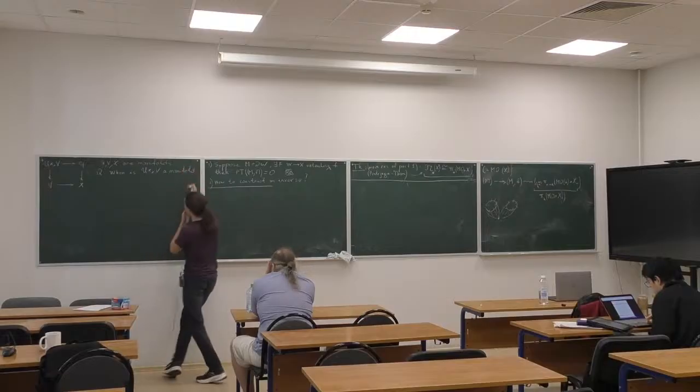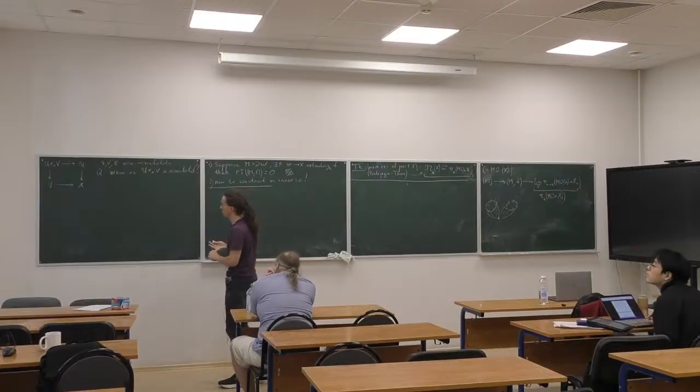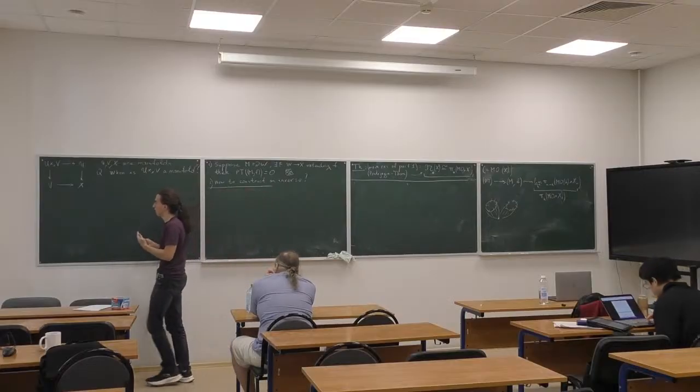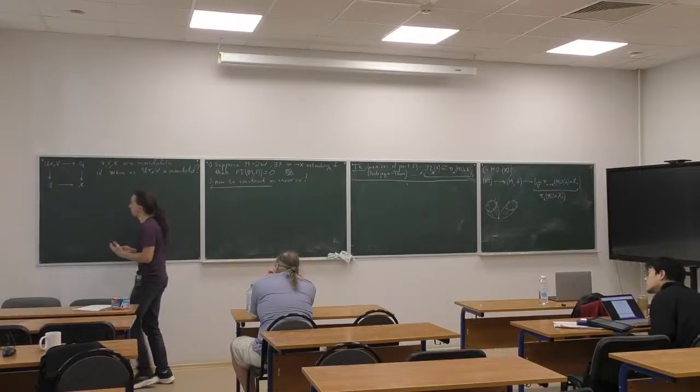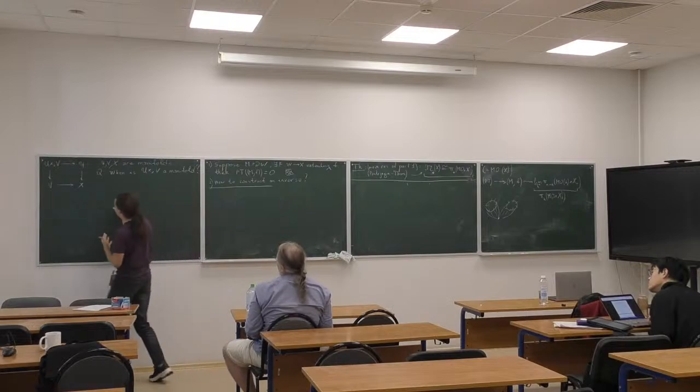So the question is like this. And the answer coming from differential topology again is that this is a smooth manifold if the maps are transverse at every point of intersection. So what does it mean?